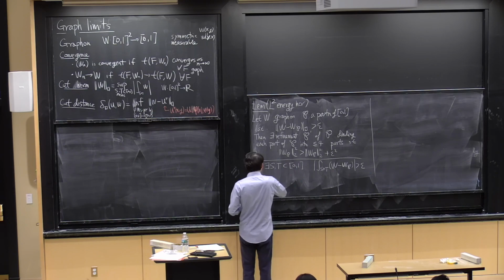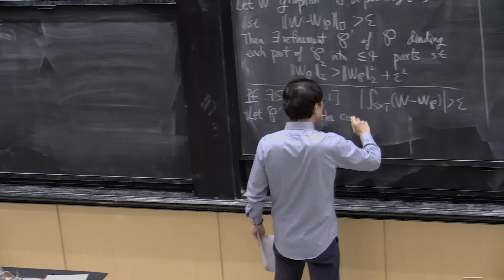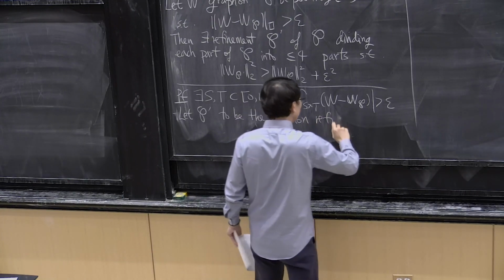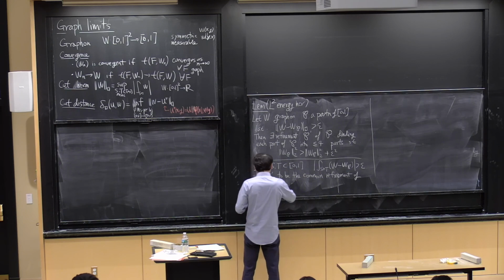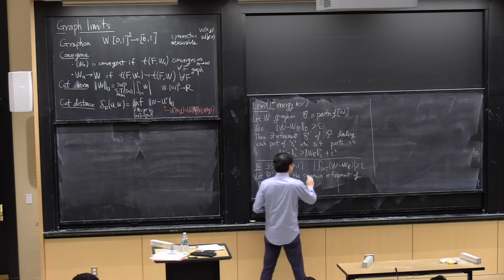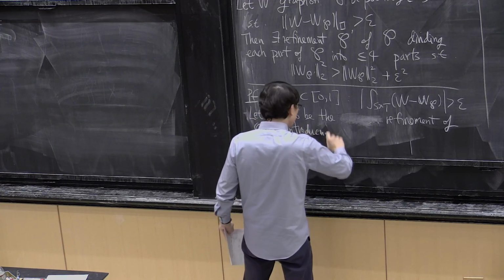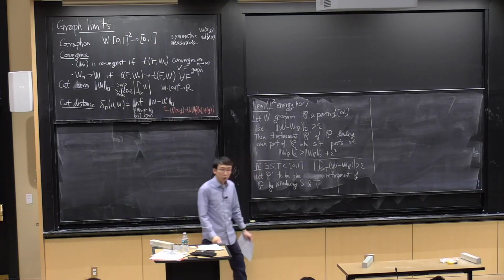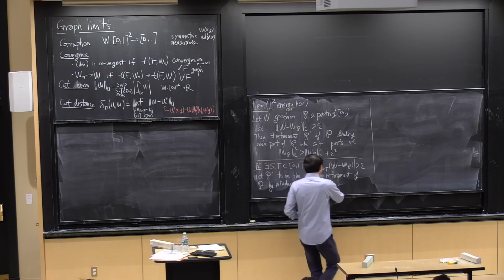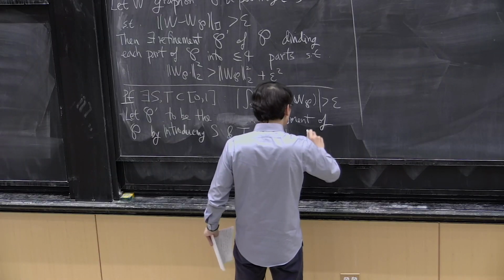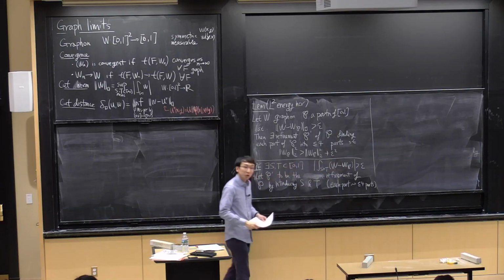So now let me take P prime to be the common refinement of P by introducing S and T into this partition. Throw S and T in and break everything according to S and T. And so each part becomes at most 4 subparts.